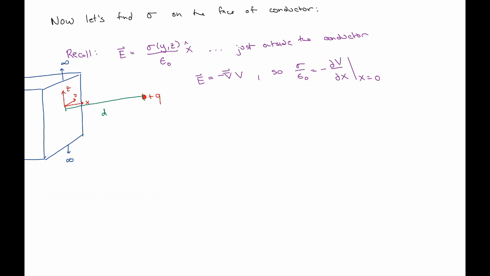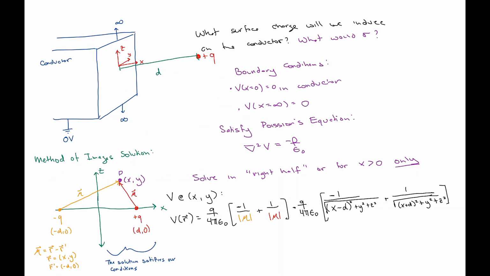It's not that bad. But if you wanted to check your work, it doesn't hurt to be good at Mathematica or something like that. We end up getting sigma over epsilon naught. Let me go back here. I'm going to copy and paste this over so you can see what I'm taking the derivative of.